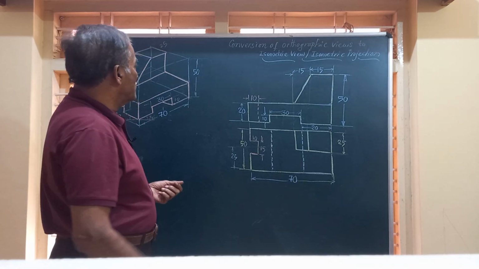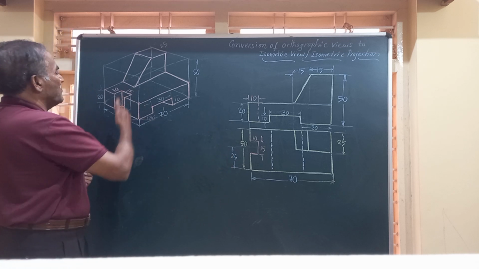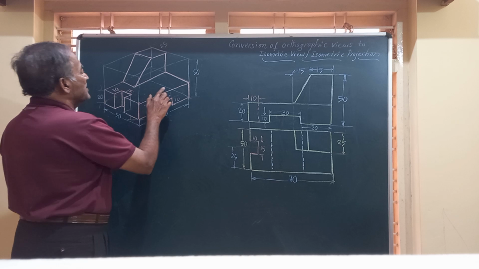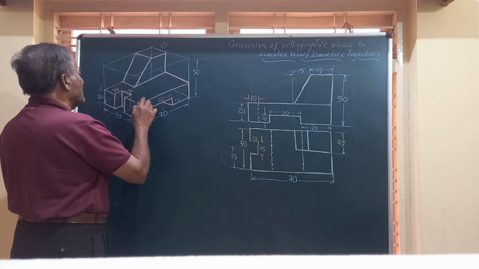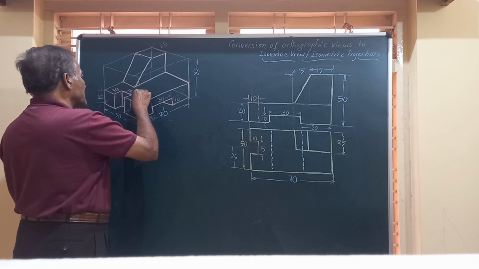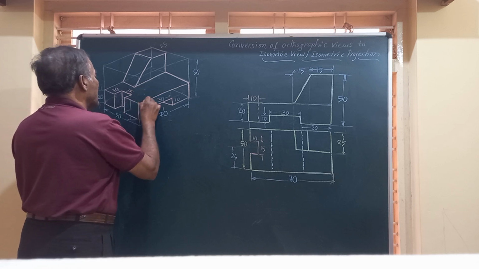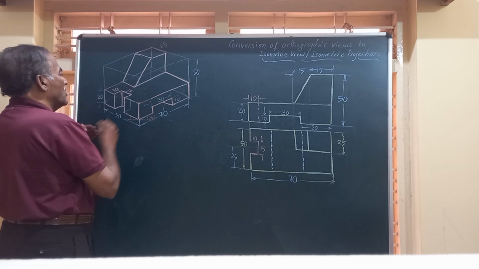But friends, to make this drawing look beautiful after completion of all these, it is best to remove all these unwanted lines. Unwanted lines means all these construction lines are to be removed so that you will have a clear or a better picture of this.